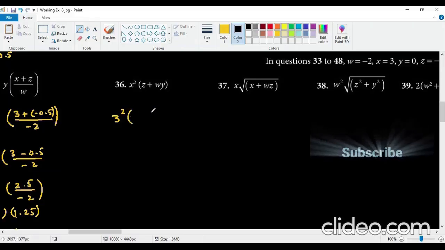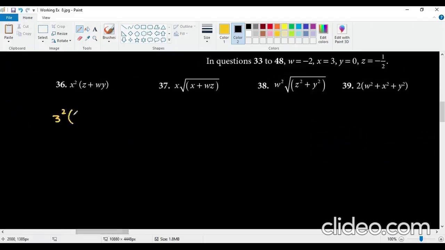Now again here the value of x is 3, which is squared, and inside the bracket the value of z is negative 0.5. I should write here negative 0.5 plus w has a value of negative 2 and y has a value of 0.